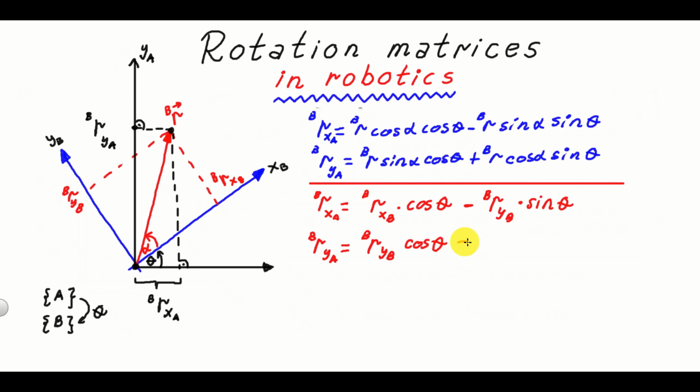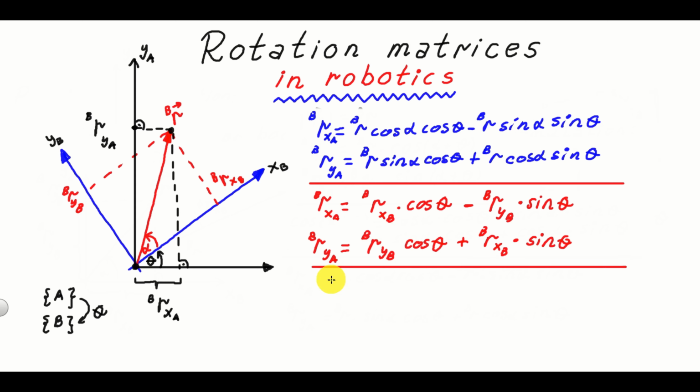Then we will have a plus sign, and RB cosine alpha is actually this projection, RBXB, multiplying sine theta. Good. And we are almost done.